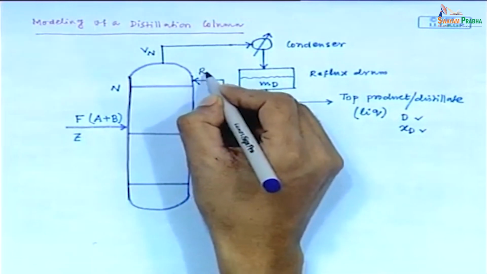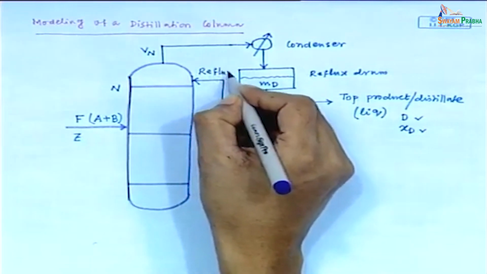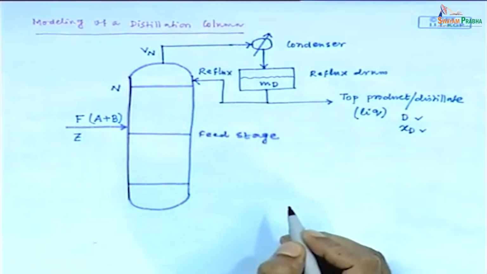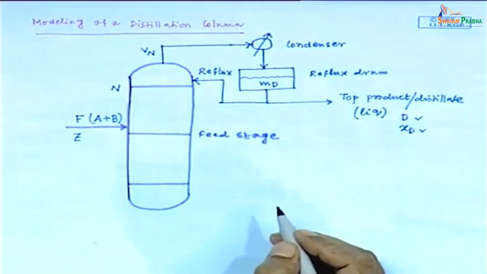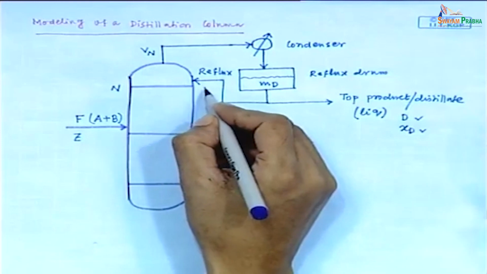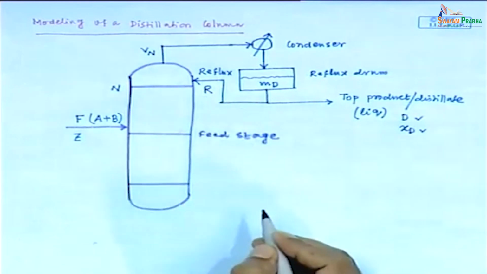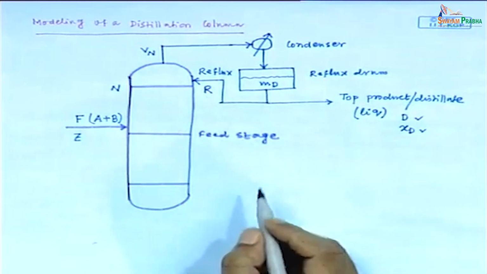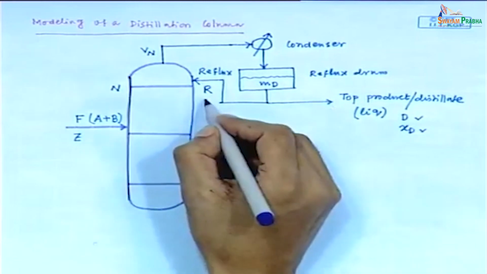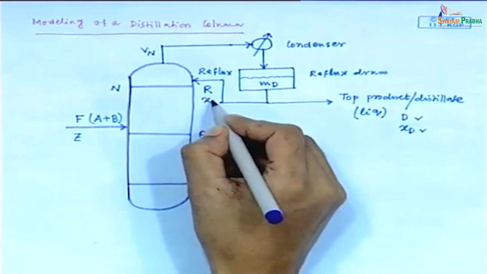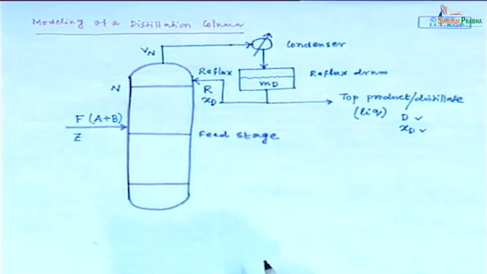This stream is called reflux stream. This reflux stream has the flow rate of R and composition is same with the distillate stream, I mean the composition is XD.